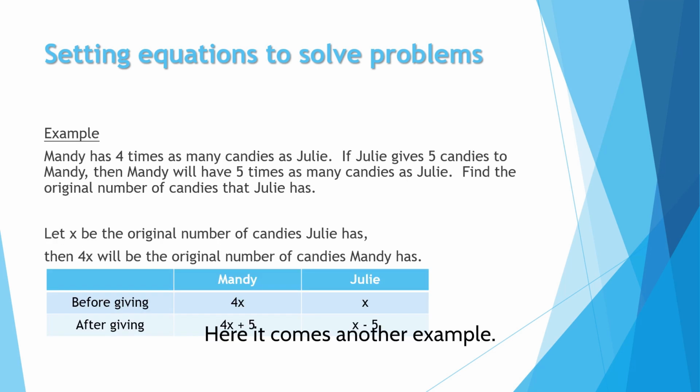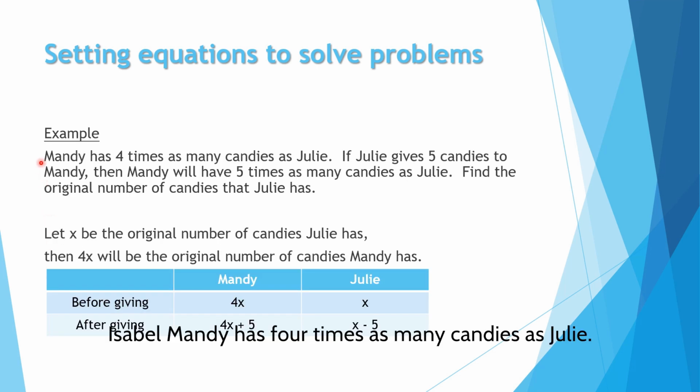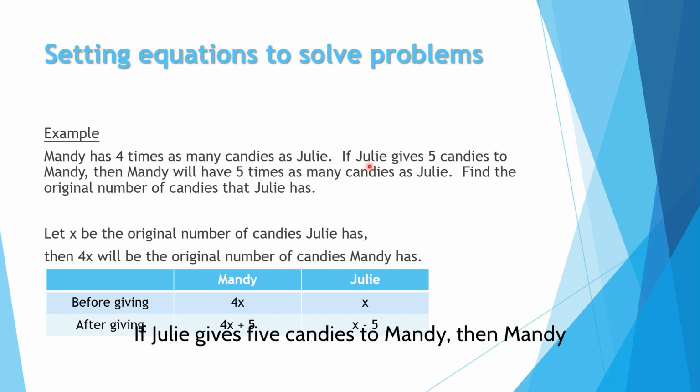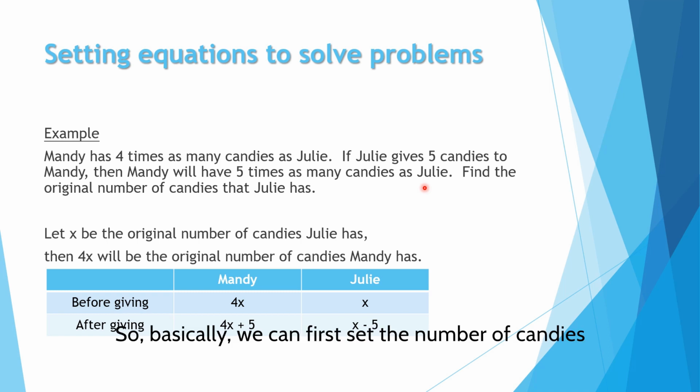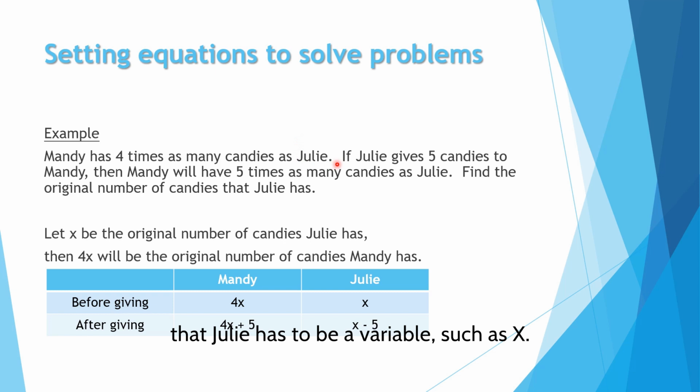Here comes another example. Mandy has 4 times as many candies as Julie. If Julie gives 5 candies to Mandy, then Mandy will have 5 times as many candies as Julie. So basically, we can first set the number of candies that Julie has to be a variable, such as x.